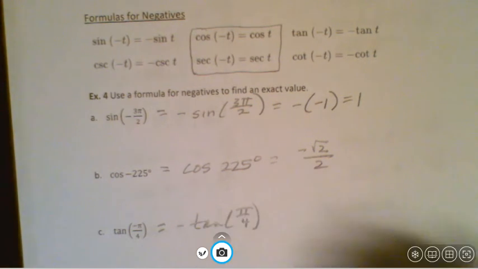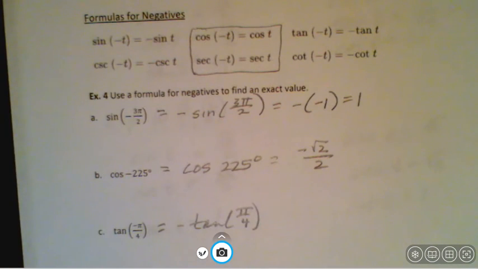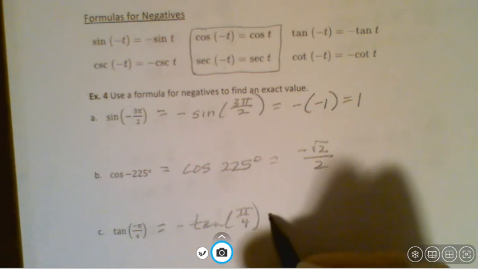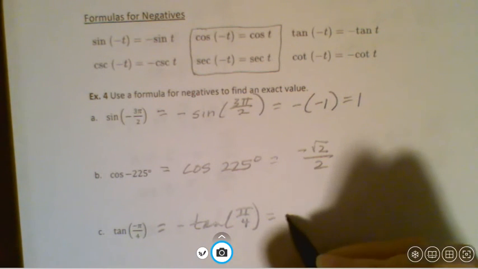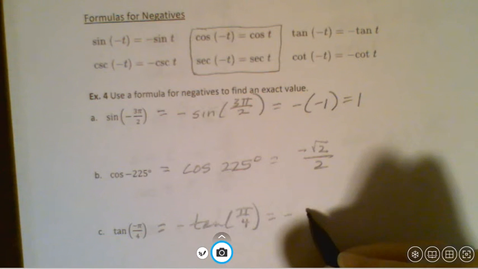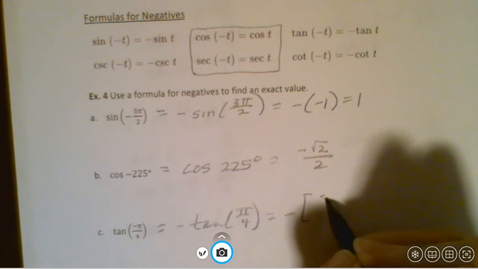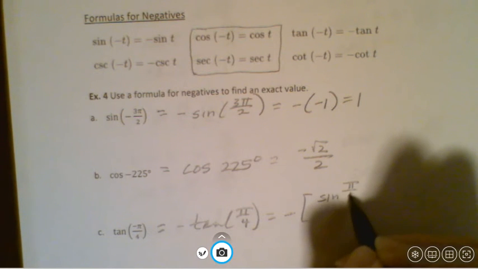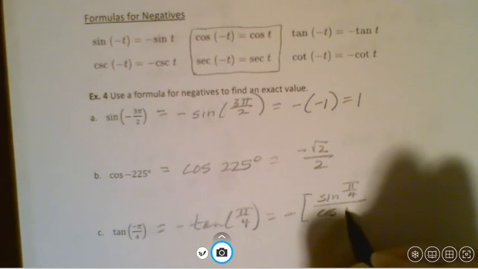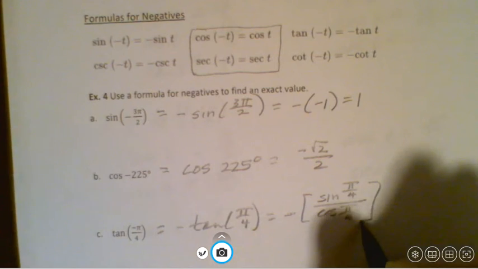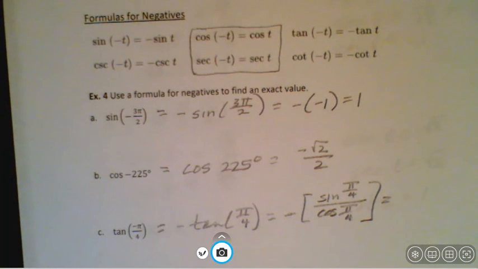Now we haven't done anything with tangent yet. We're going to have to figure out what the tangent is looking at our unit circle. So I'm going to write this out. It's going to be the same as the negative of, and I'll keep that separate, sine pi over 4 over cosine pi over 4, right? It's sine over cosine.